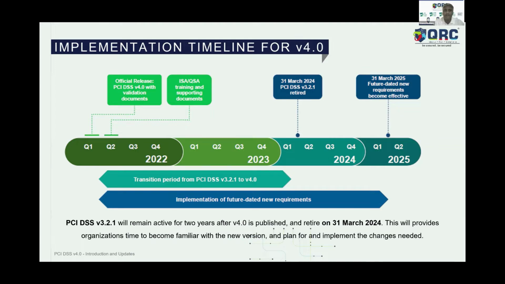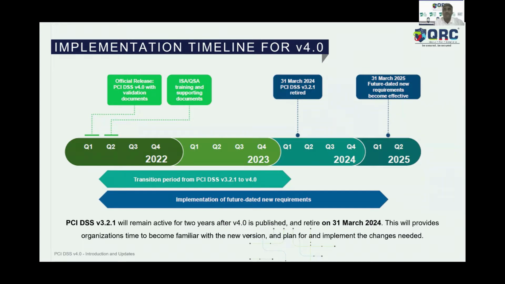As everybody is aware, the official release of 4.0 with the validation documents happened on 31st March 2022. Now, the first quarter has just finished. In the second quarter, the PCI Council will initiate the trainings for the internal security assessors and the QSA companies, and may also release other supporting documents.